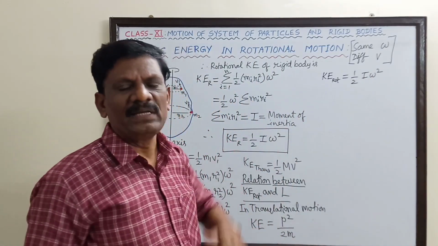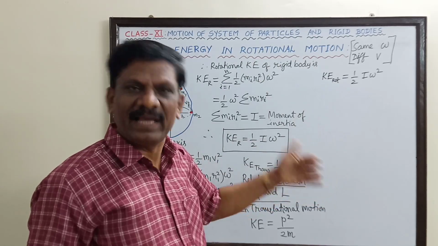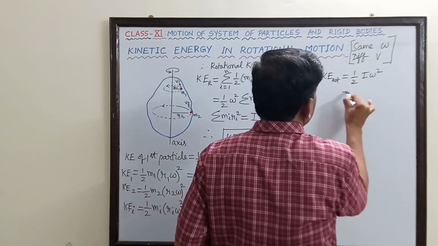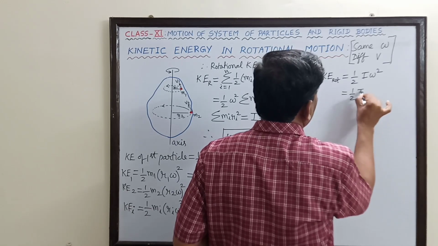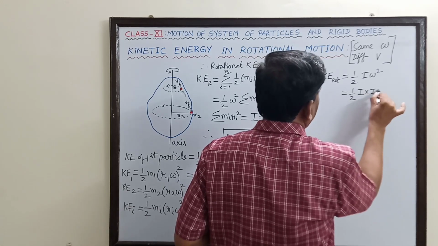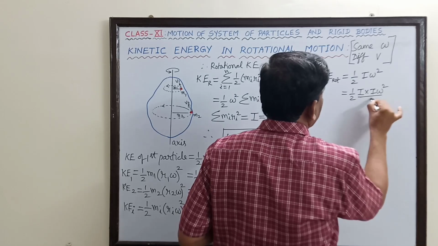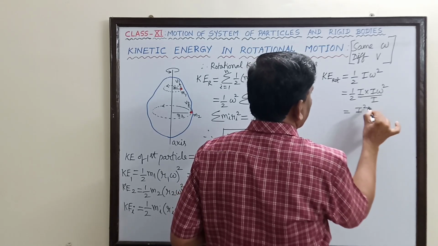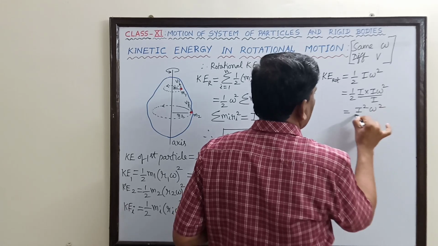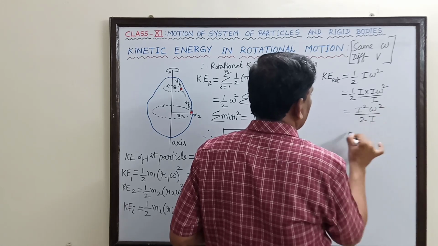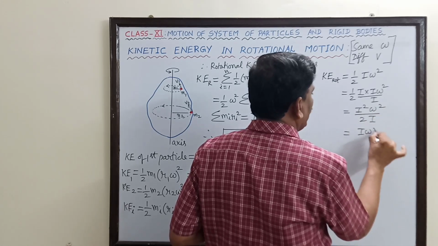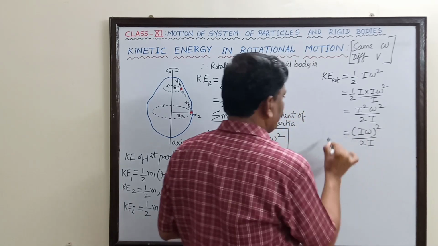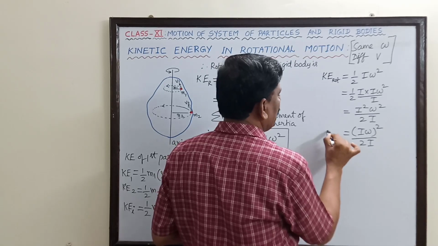Now I will multiply once again by capital I and divide by capital I. So this is equal to half into I square omega square divided by I, which is equal to I square omega square divided by 2I. So this is equal to I omega the whole square divided by 2I.